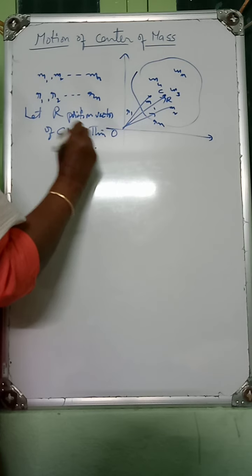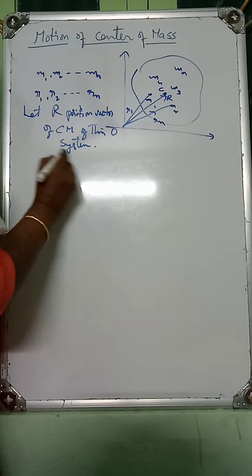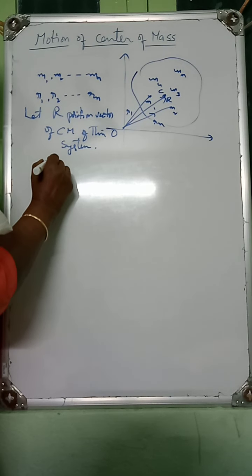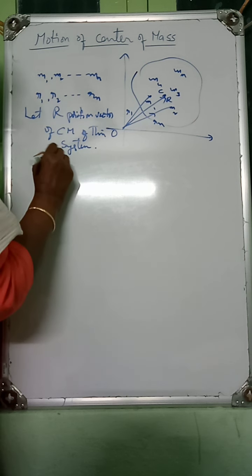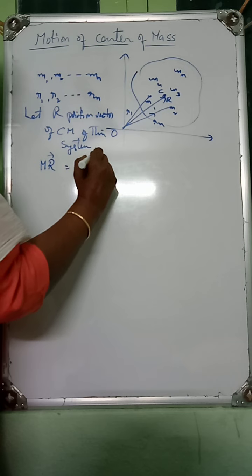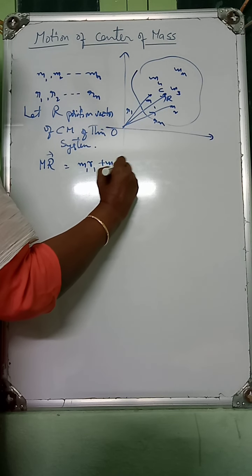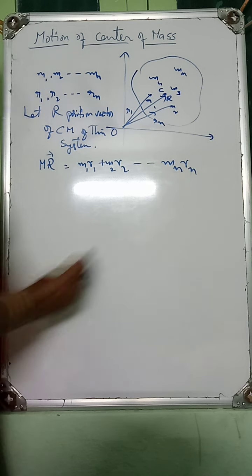Let capital M be the total mass of the system. Total mass of the system times the position vector of the center of mass is equal to the mass of the first particle times R1 plus M2 R2, and so on up to Mn Rn.